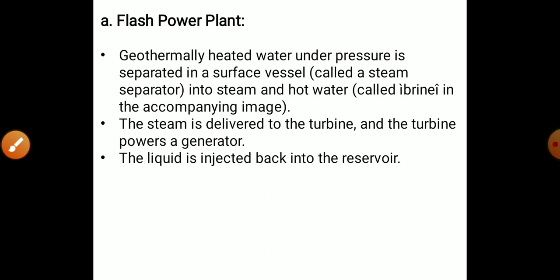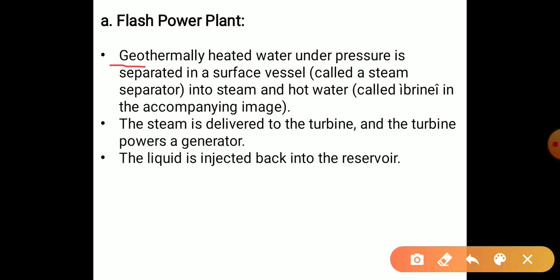If we concentrate on the flash power plant, geothermally heated water under pressure is separated in a surface vessel. That means initially the geothermally heated water comes to the surface vessel, where it is separated into two forms: one is steam and the other is hot water.